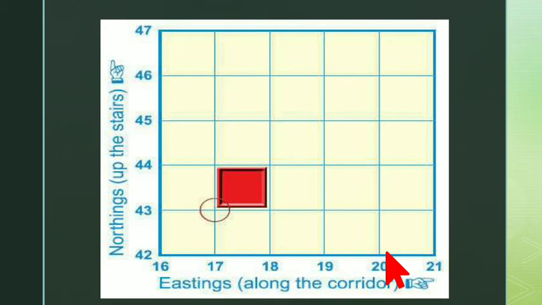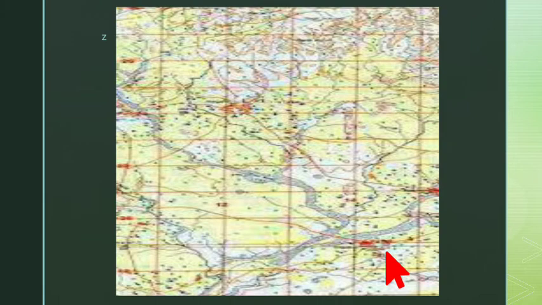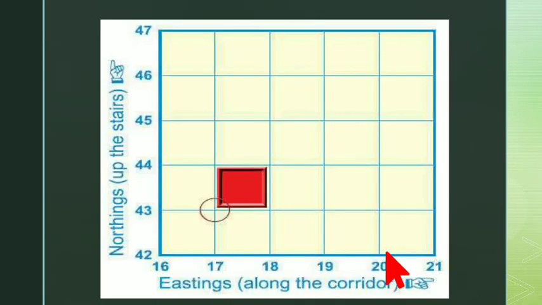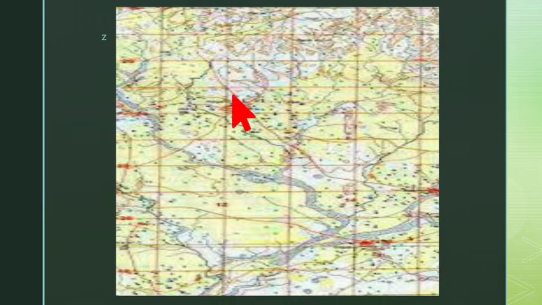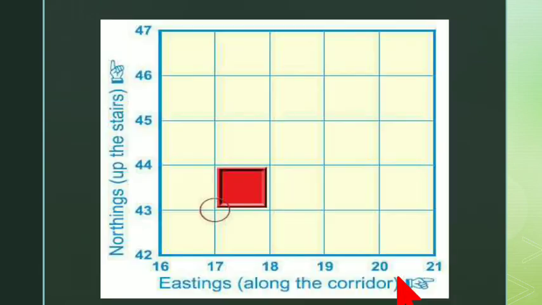In the map, you have to search for where the church or that particular mountain is, and then how do you give a 4-grid reference? This is how you do it. Imagine the point you're looking at is this red one, and you have these lines running around, northings and eastings.